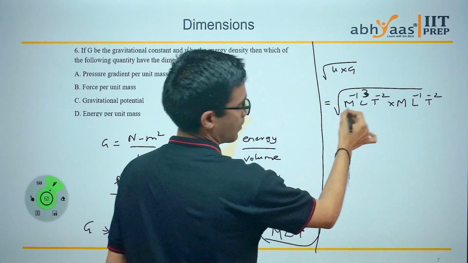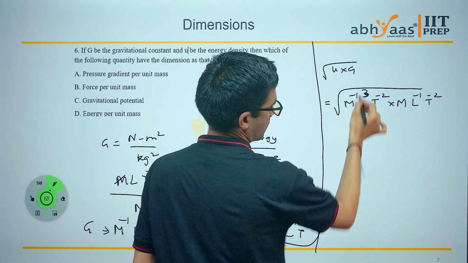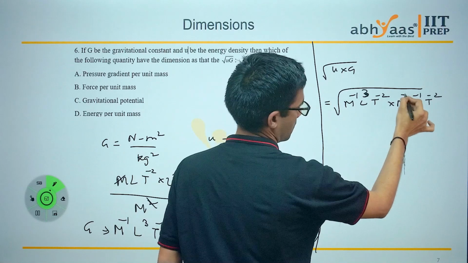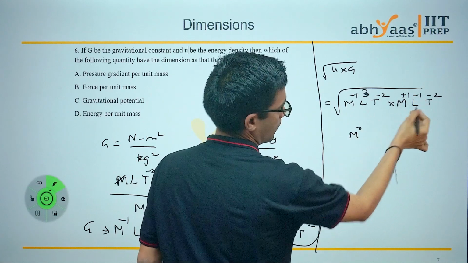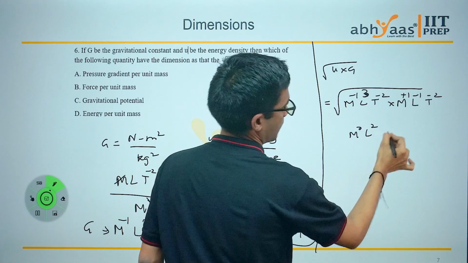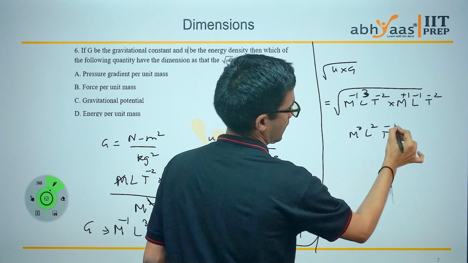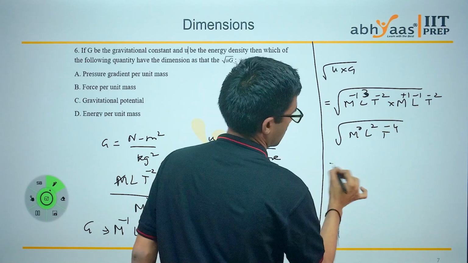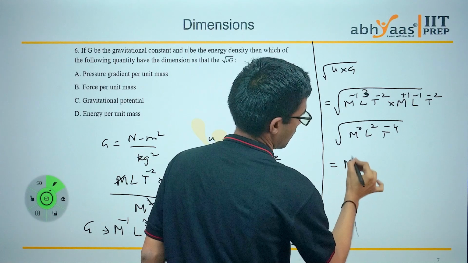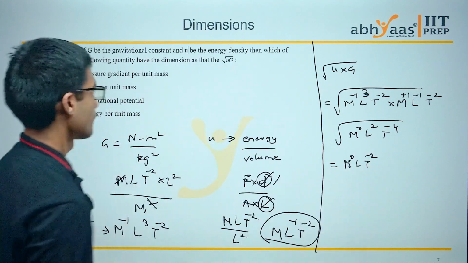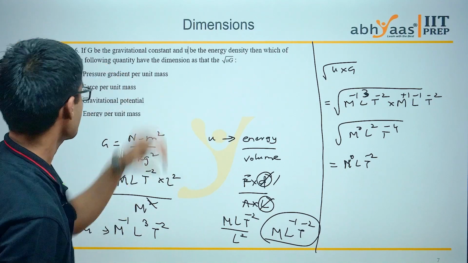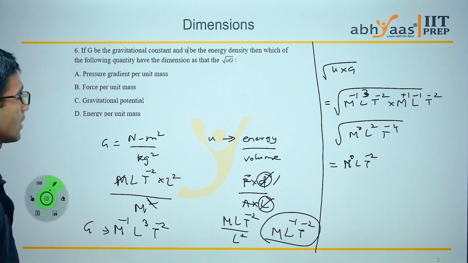So M power minus 1 and M cancelled, both are same. Power minus 1 plus 1, you will get M power 0. L cube minus 1, that is L square. T power minus 2 minus 2, minus 4. Okay, for that root. That means M power 0 L T power minus 2.